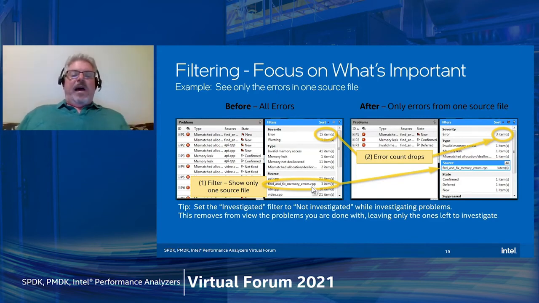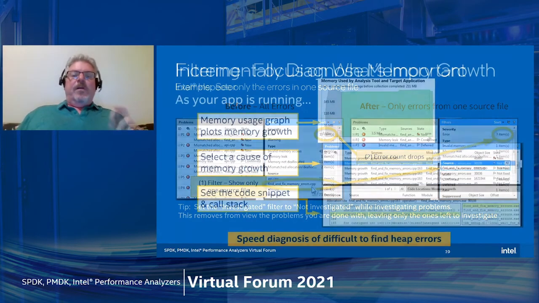One of the recommendations we have is for you to set the filter to be not investigated. That way you would only be presented with issues that you haven't investigated yet. But you could also set it to be investigated. It just depends on the process your group is following.